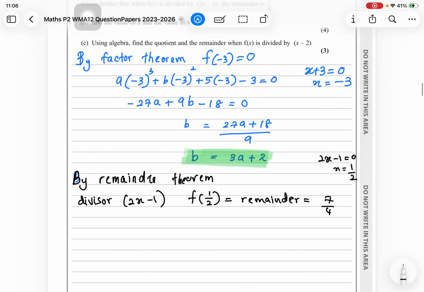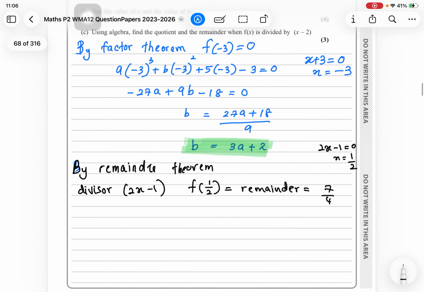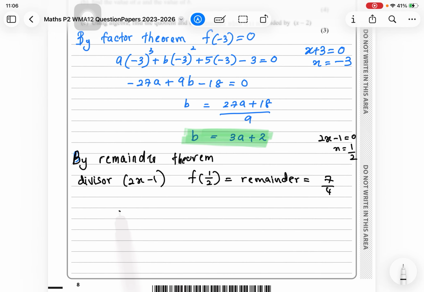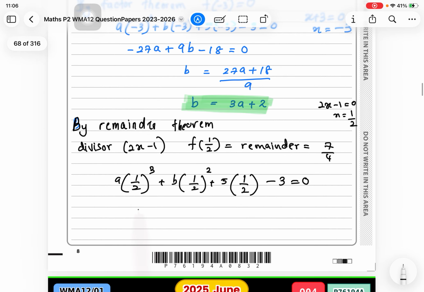Let's do the substitution now. Same as before, we have a times 1 over 2 to the power 3, plus b times 1 over 2 squared, plus 5 times 1 over 2, minus 3. So we can simplify it, which is a divided by 8 plus b divided by 4.